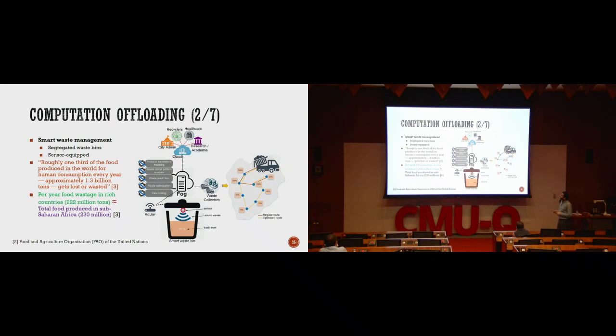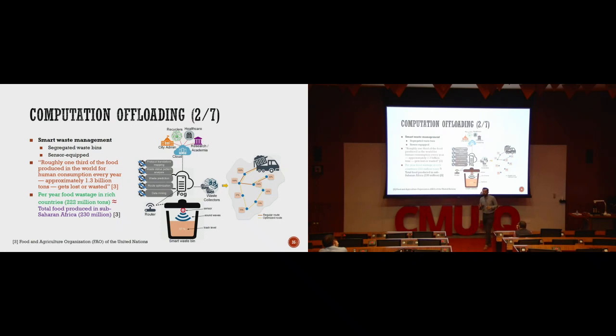Also, the government can analyze that if, for example, we have a particular kind of waste in a particular locality, what might be the reason? For example, if in a particular locality the wastes are mostly related to packaged food, what's the reason? Why are people having more packaged food in that particular region?